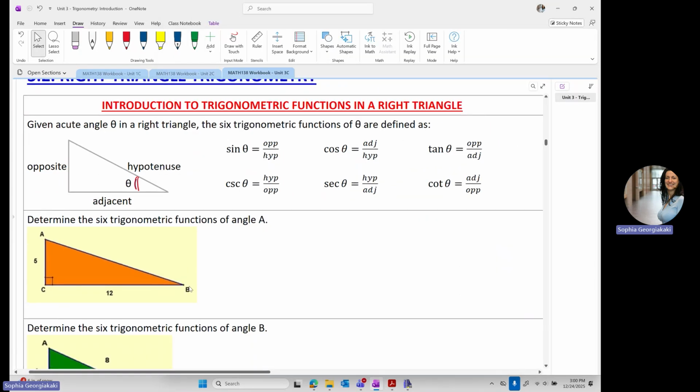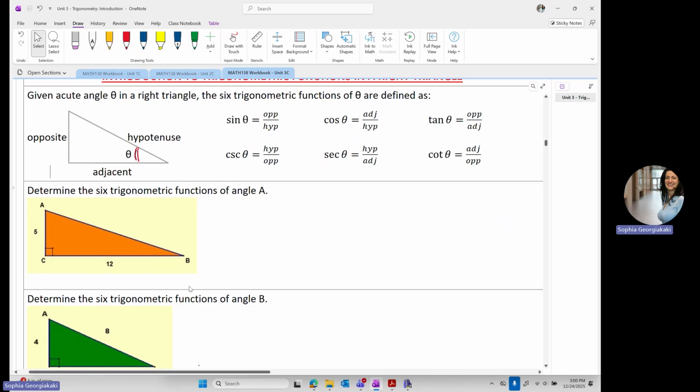For the right triangle, you also need to remember that you can apply the Pythagorean theorem, which means if you know two of the sides of the triangle, you can find the other side. In the first example, the angle theta is A, and the opposite is 12.